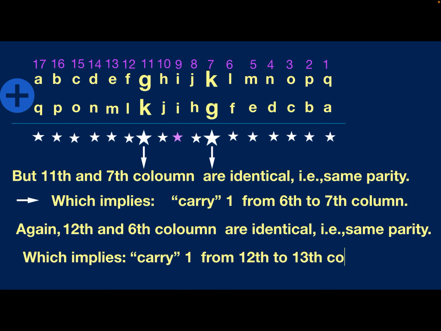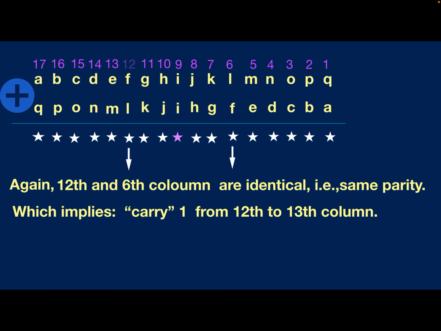So if we proceed in this way, then we can observe a phenomenon here, and we can easily understand it: any odd numbered column must get a carry, isn't it?